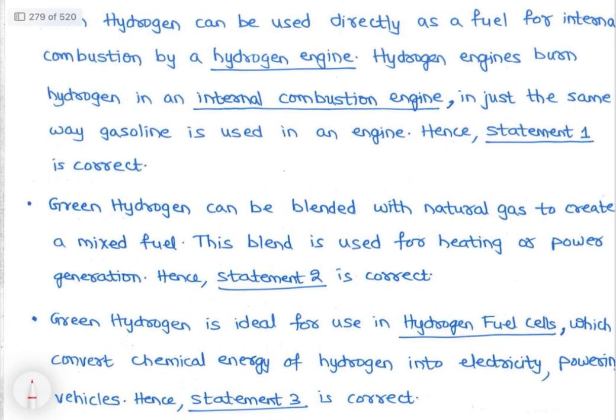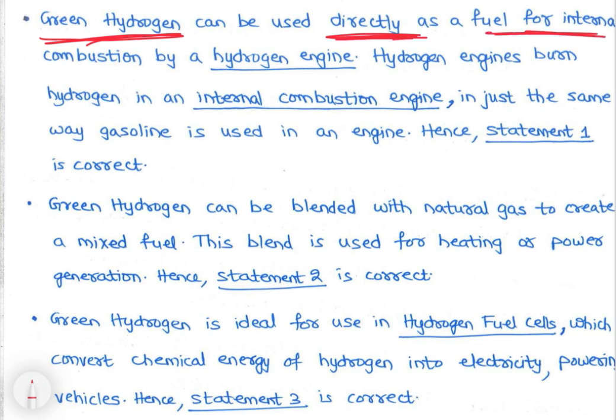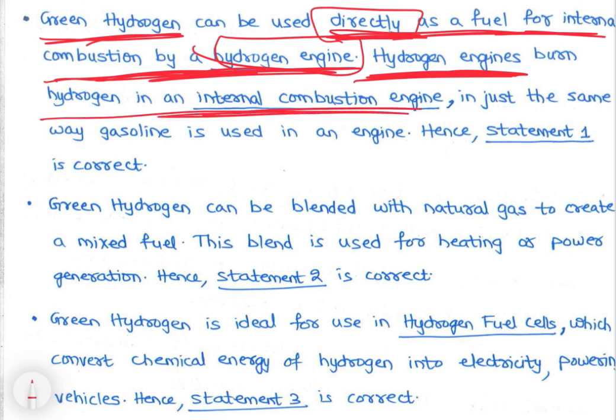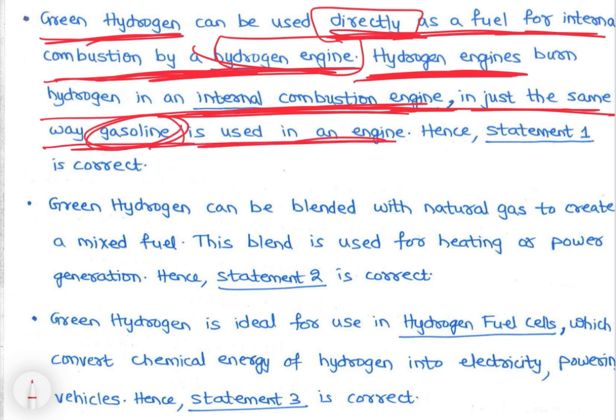So green hydrogen can be used directly as a fuel for internal combustion by a hydrogen engine. Hydrogen engines burn hydrogen in an internal combustion engine in just the same way gasoline is used in the engine, right? Hydrogen vehicle, basically in place of petrol or diesel we are just using hydrogen, right? Directly used.